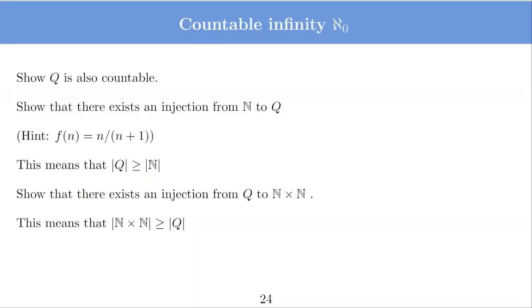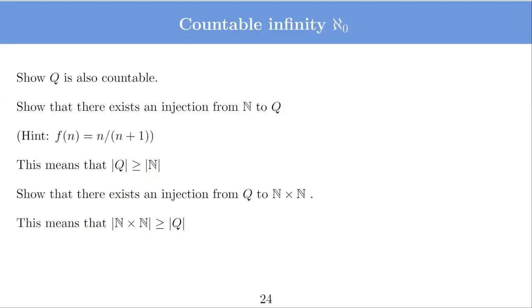Injection means you are able to map every natural number to a rational number. Of course, you're not mapping one natural number to two rational numbers. You're mapping it to a unique number, but some elements in Q can be left. That's an injection map.